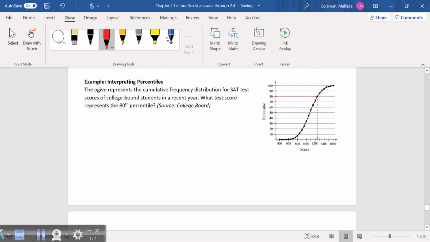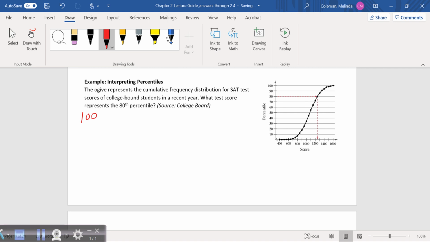All right, understanding and interpreting percentiles. So again, a percentile breaks it up, rather than into quartiles, into 100ths. So that allows us to look at things like SAT scores because we want to compare that over the entire population of people who took it, 100% of the population.